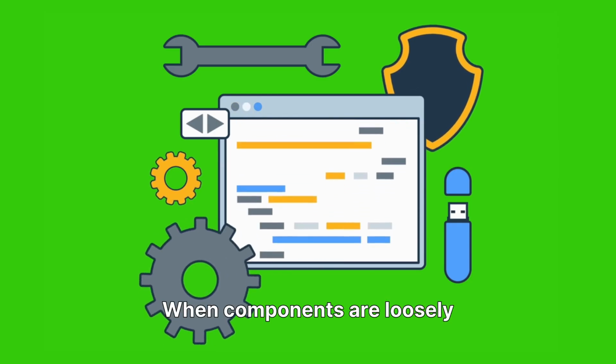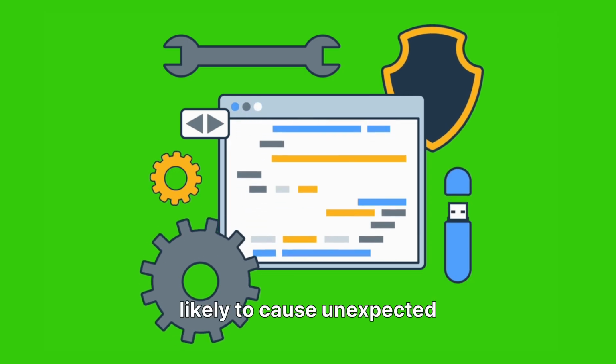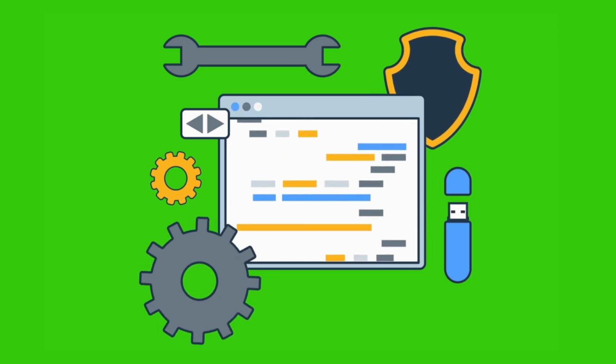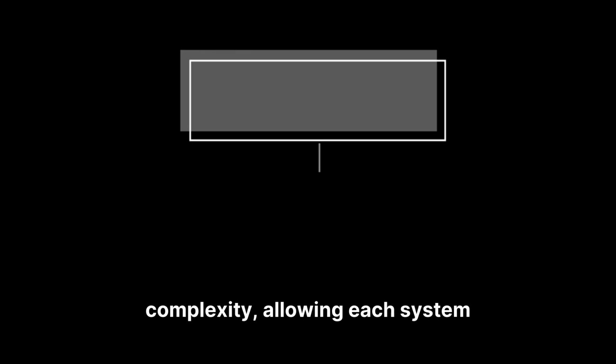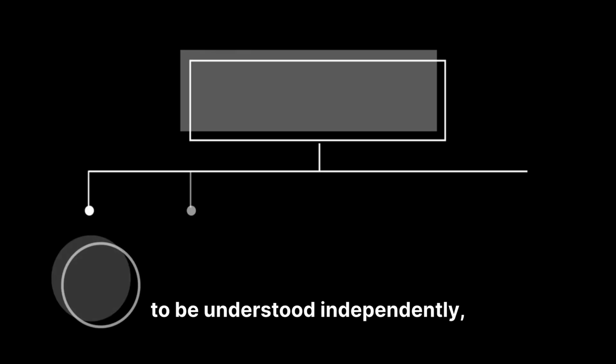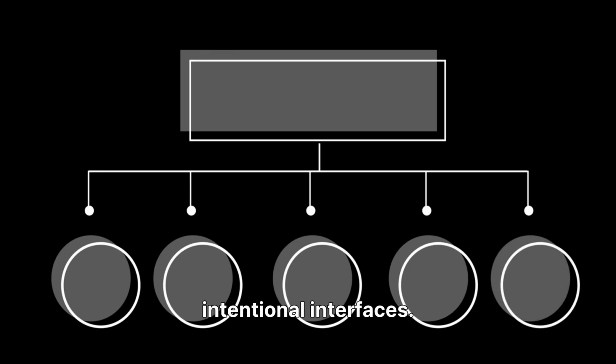When components are loosely coupled, a change in one module is less likely to cause unexpected side effects in others, streamlining the debugging and update process. Finally, DI reduces overall complexity, allowing each system to be understood independently, accessing others only through intentional interfaces. This clear separation of concerns makes large projects much more manageable and easier for new team members to onboard.